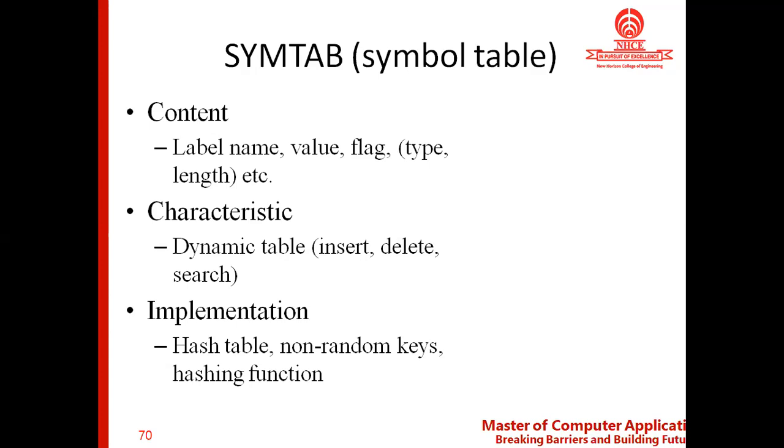In the same way as the op table, we can also use an implementation to search the symbol table, for which we can use a hash table with hashing functions, by which you are able to search the symbols from the symbol table.